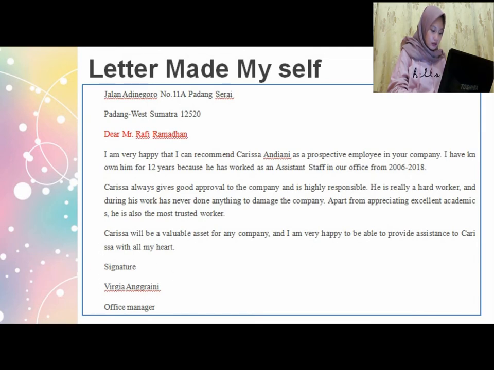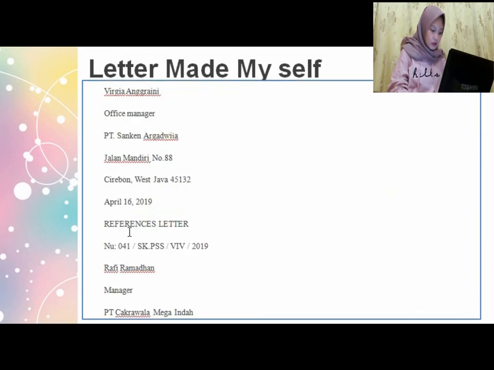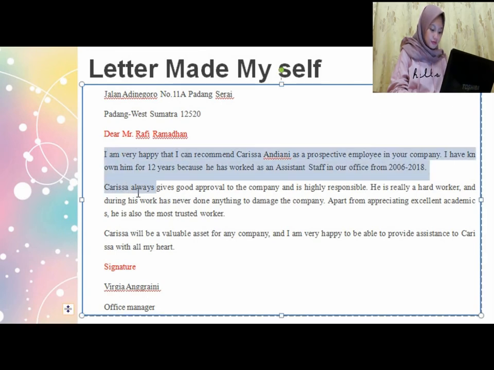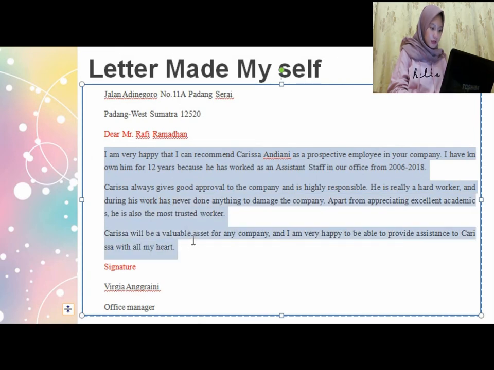That uses the British style. The complementary clause uses British style. And the format of this letter uses block format letter.